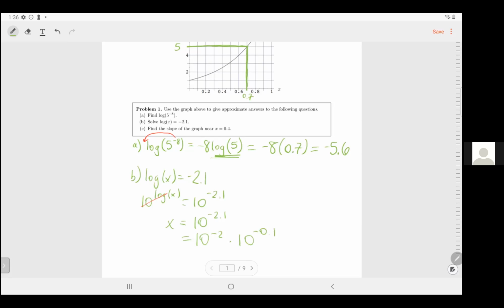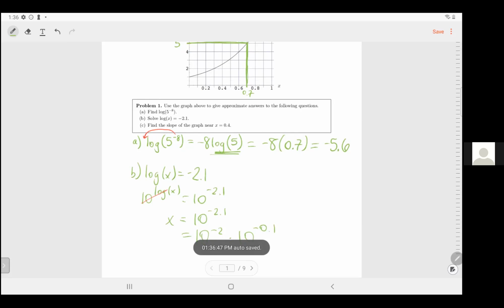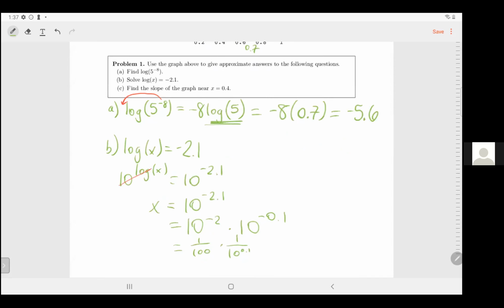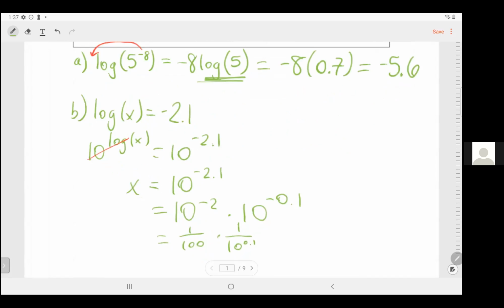And then you could go from there. 10 to the negative 2 is just 1 over 100. And then 10 to the negative 0.1 is 1 over 10 to the 0.1. And then that piece in the denominator I could figure out from the graph.